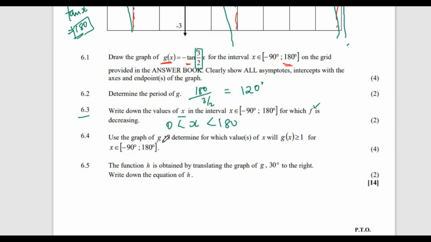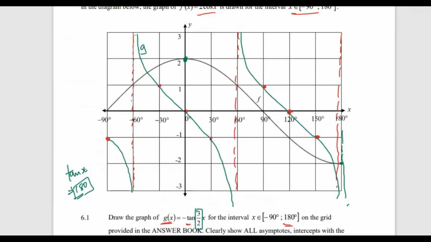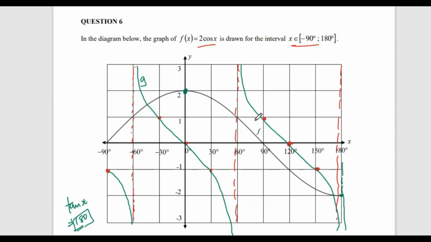Then use the graph of g to determine which values of x will g of x be greater than or equal to 1. So where do we find the graph of g to be above positive 1? We can see that from here, because that's a 1. So in this area, g is above 1. Same story here, g is above 1. So we can talk about the intervals of negative 60 and negative 30, or 60 and 90. Those are the intervals that they need.